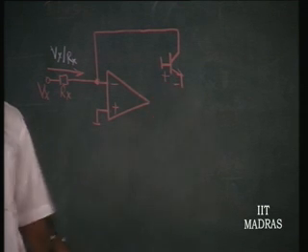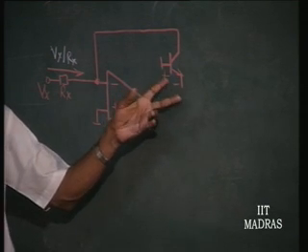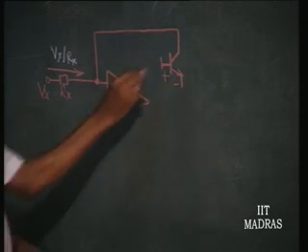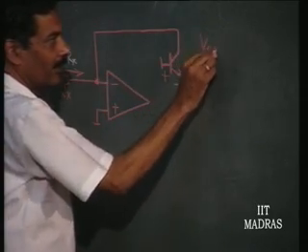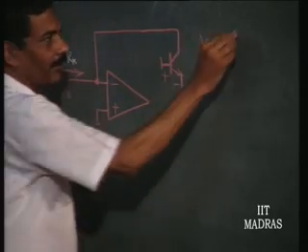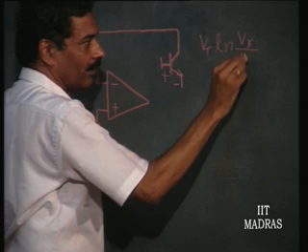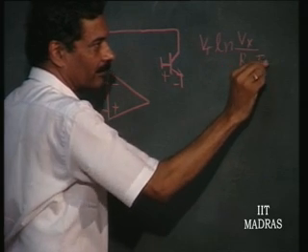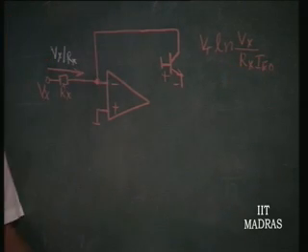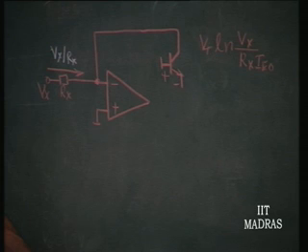Vb is going to be Vt log Vx by Rx Ie0, because of the exponential relationship.